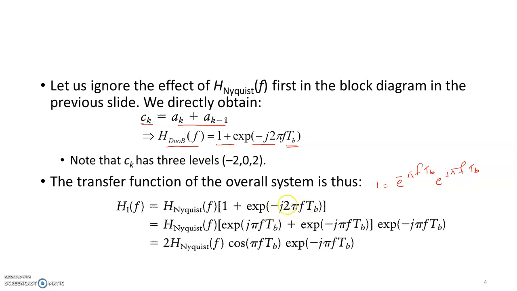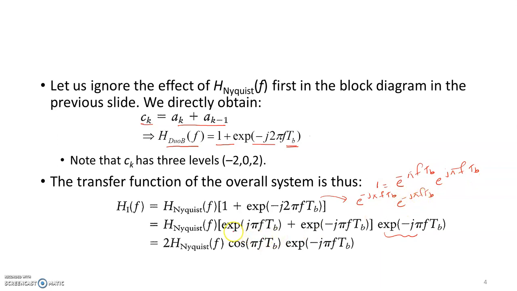Similarly, I have the term e^{-j2πfT_b}, which I can write as e^{-jπfT_b} multiplied by e^{-jπfT_b}. From these two terms I can take e^{-jπfT_b} as common and put it outside the bracket. What is left is e^{+jπfT_b} plus e^{-jπfT_b}.